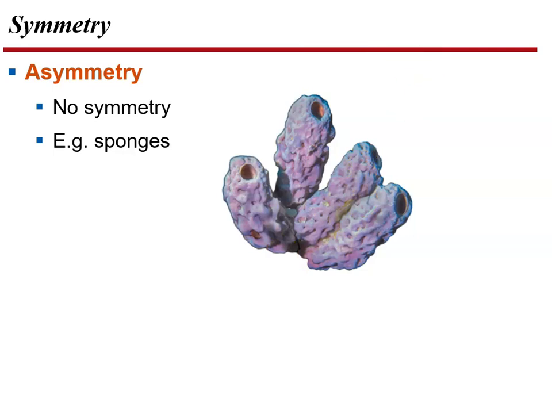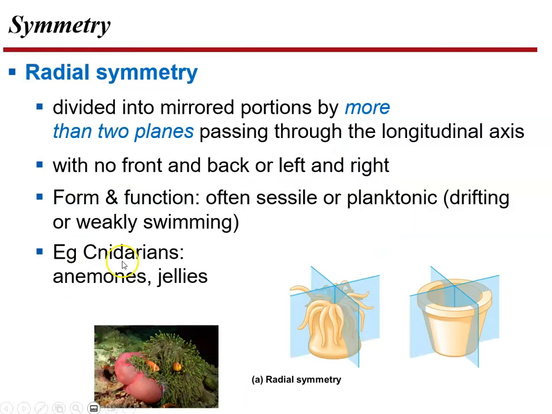sponges, phylum Porifera, is asymmetrical. They don't have any particular line of symmetry. The Cnidarians had radial symmetry. So this is when you can divide the body into different portions, more than two planes, by passing through the longitudinal axis, like shown in the diagram here, and they would be symmetrical.